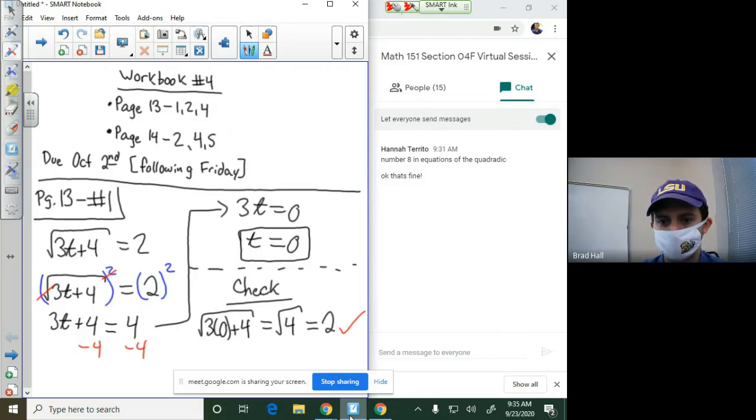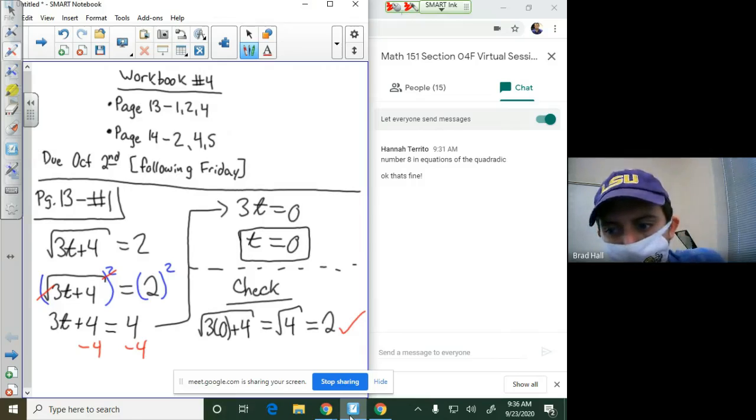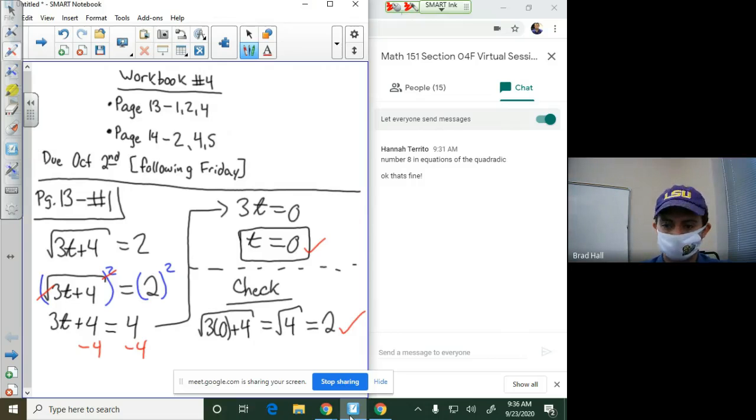And the equation holds true. We plug in 0 for t, we do in fact get the 2 that's on the other side. So this one's good. That would be your answer. So that's it.